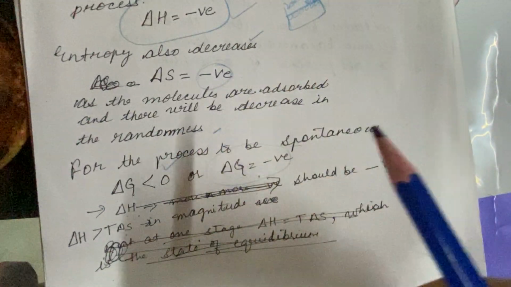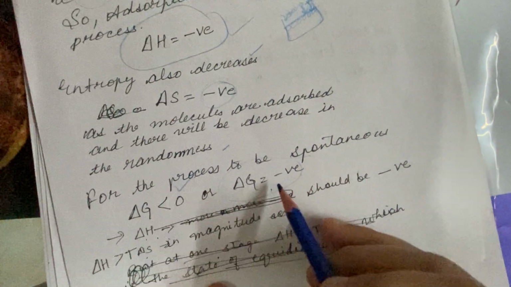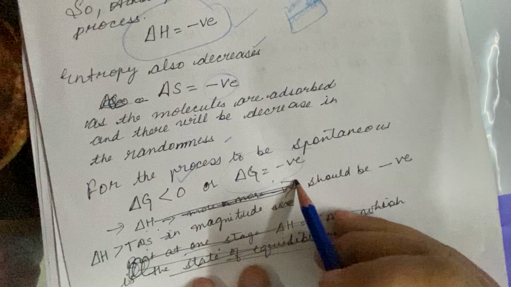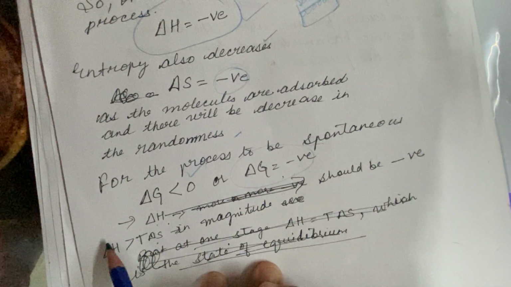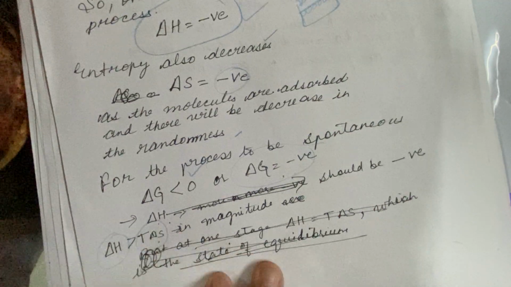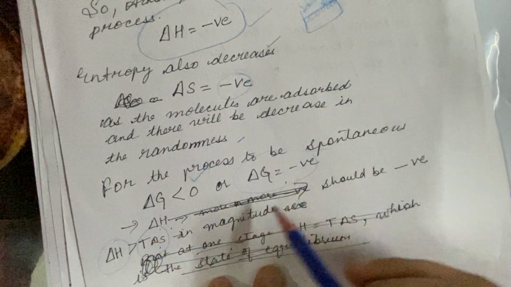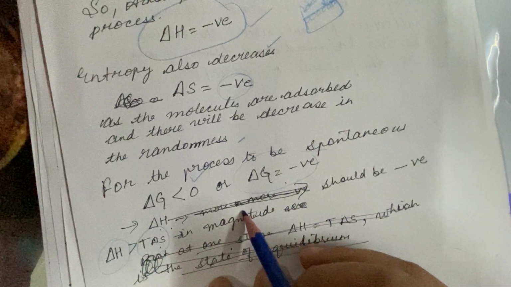What is another condition if we want delta G to be negative? The value of delta H should always be greater than the value of T delta S in magnitude. So these are the two conditions.